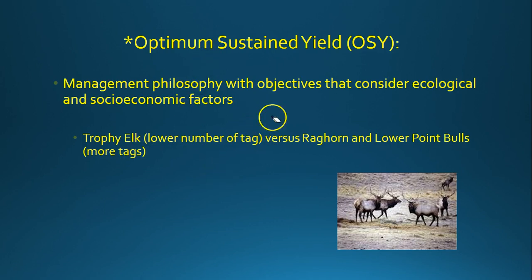So how many we're willing to take out of a population should be based on science, but you cannot forget that social factor as well.